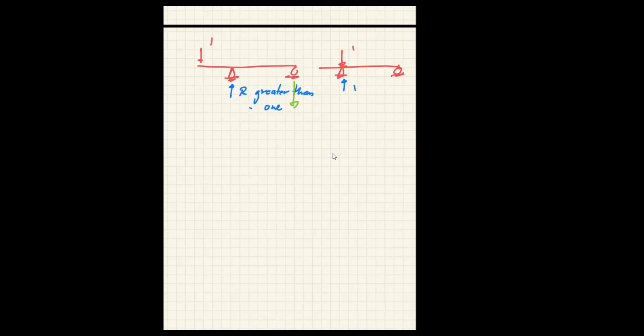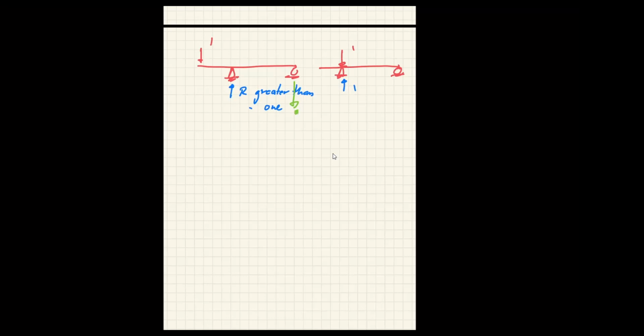So if this reaction on the left is greater than 1 due to the seesaw effect, this one will have to be less than 1, but in the opposite direction, so that in the end your sigma Fy becomes 0.